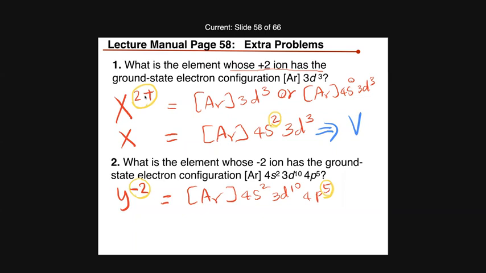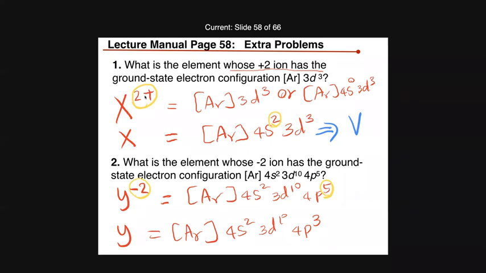So the neutral element for Y would be Ar 4s2 3d10 and then 4p3, right? Because if you add 2 more, it becomes 4p5. The reason we add is because it becomes negative, so you add more electrons.